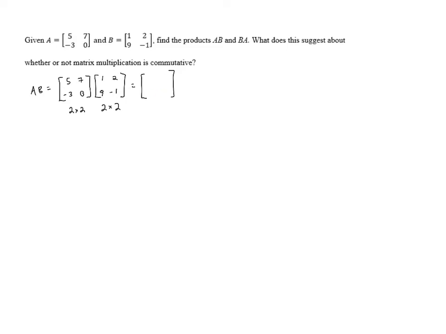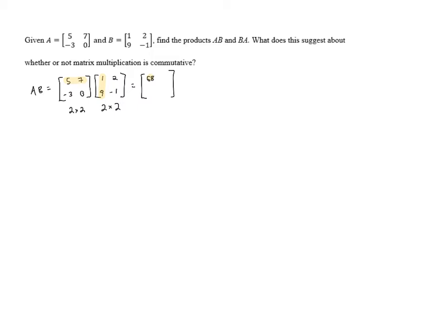First, we take the first row and we take the inner product of that with the first column to get the first element. So we've got 5 times 1, which is 5, 7 times 9 is 63, and 5 plus 63 is 68.